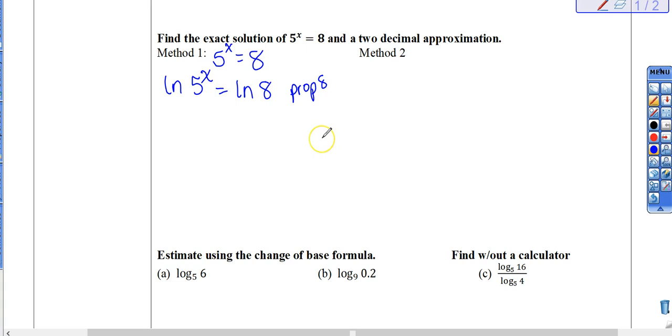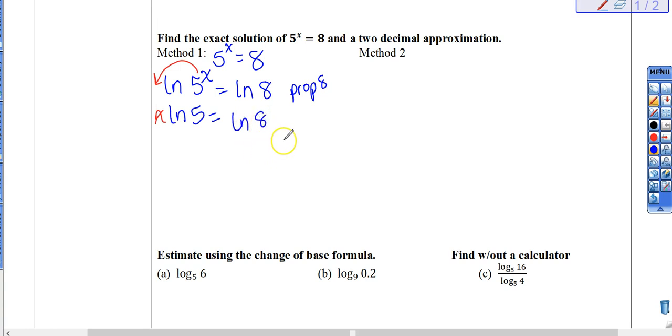Now, what I want to do is solve for x, but the x is up in the exponent. How do I get it down? What property of logarithms can I employ here to get the x down out of the exponential position? Power down. Property 7. So I'm all right. Okay, so that's x times the natural log of 5 equals the natural log of 8.